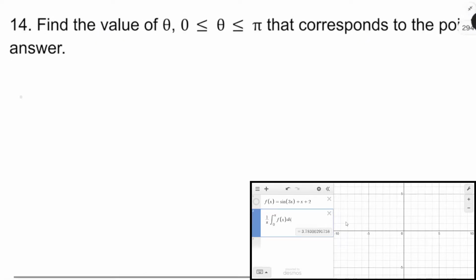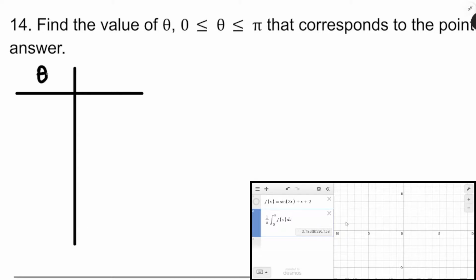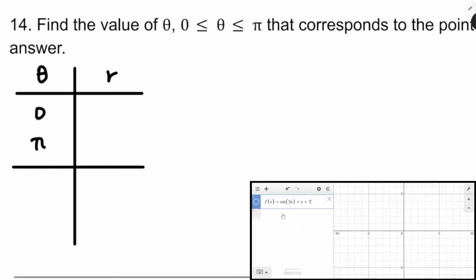So we're going to make ourselves a table, theta and r. We're definitely going to need to check theta equals 0 and theta equals pi, but there will also be some other values that we might need to check. I'm also going to make kind of my mirror table over here, with x1 and f of x1.